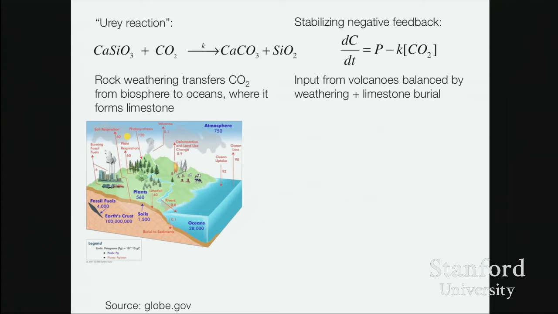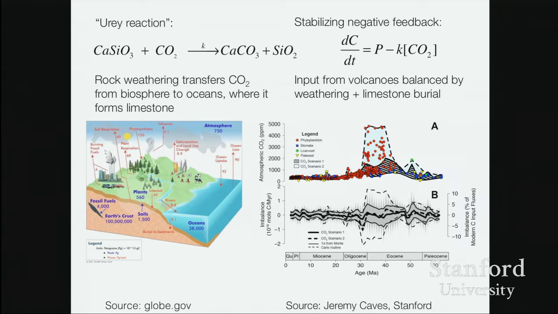Obviously, we use big models to predict this today, but we can write a simple mass balance statement that says the change in carbon in the ocean atmosphere system is equal to the production from volcanoes minus what comes from silicate weathering. And you see this dependence on climate. That's because when it's warmer, you weather things more quickly, and that removes CO2 and keeps the system in balance. So it's a very classic stabilizing feedback that has operated over million-year timescales to keep atmospheric CO2 levels fairly constant.